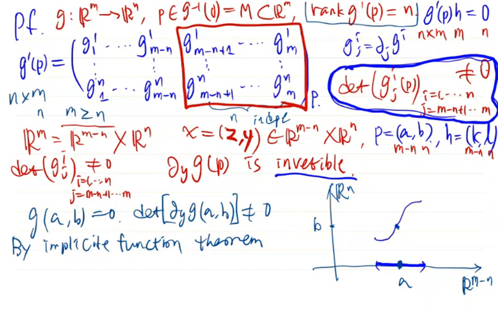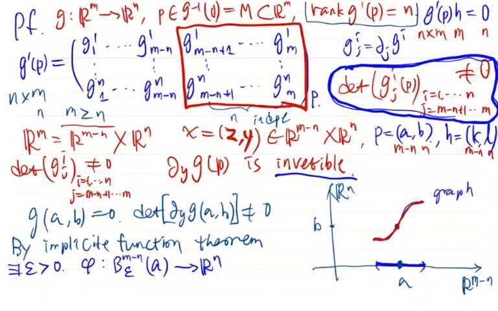So we have an epsilon very small, and a map phi defined on the epsilon neighborhood of A. This is in Rm minus n, and maps into Rn. The graph of this map phi is this curve. I draw in the picture, maybe I use red. So this is the curve, this is the graph of phi.